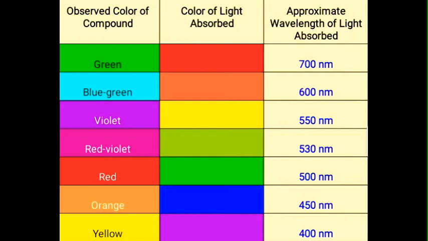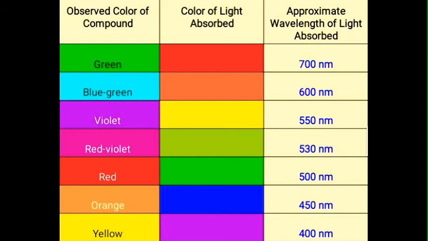So on this basis, the colored compound and light absorbance color are shown on the chart on your screen. This type of filter is present inside the instrument, and it absorbs the different wavelengths of light when you have to take the optical density of different solutions.